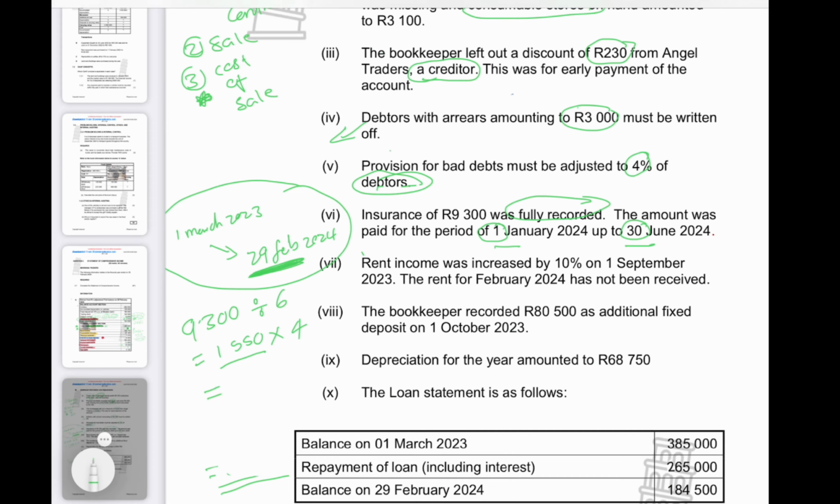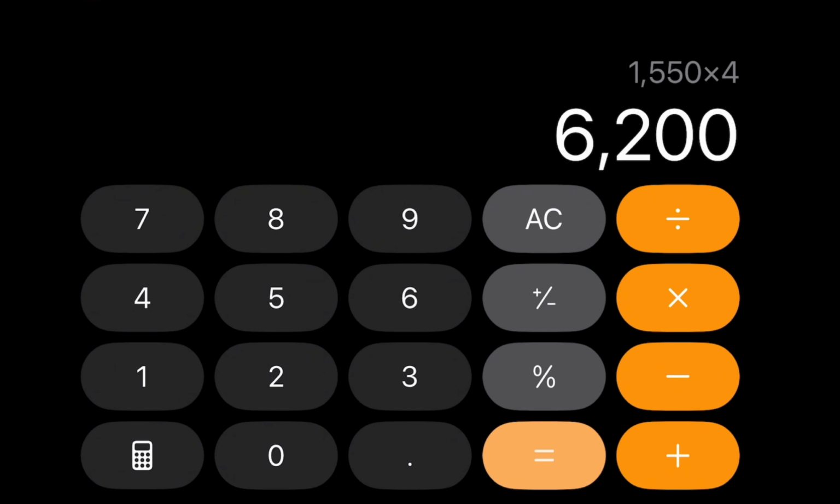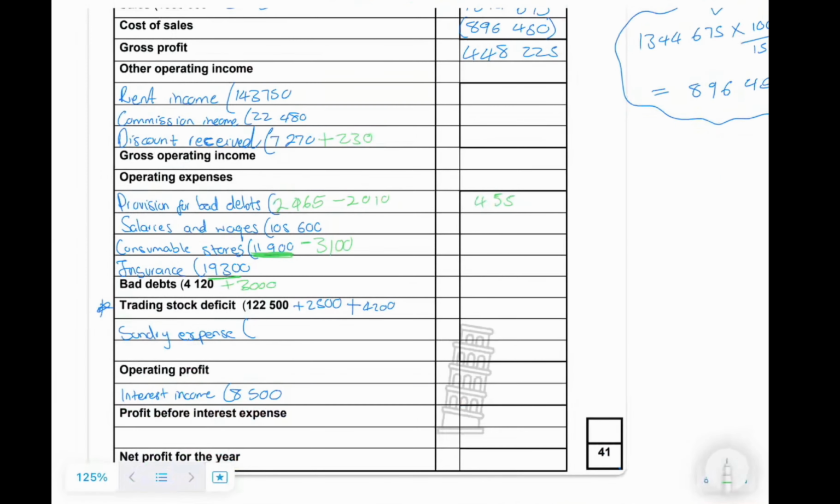And then this will give you 1,550 multiplied by 4, 6,200. So this is the amount for the insurance for 4 months which are not in the current financial year. So you take the 6,200 out of our insurance amount. So you go to insurance, you say minus 6,200.